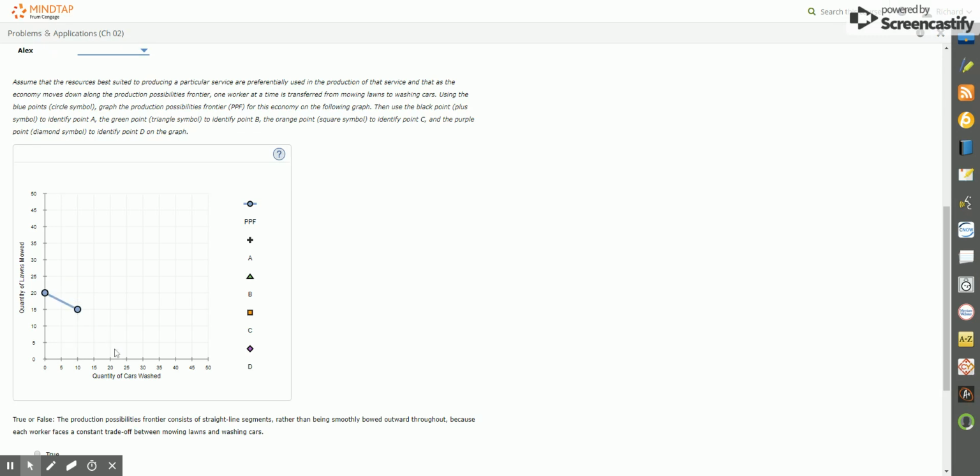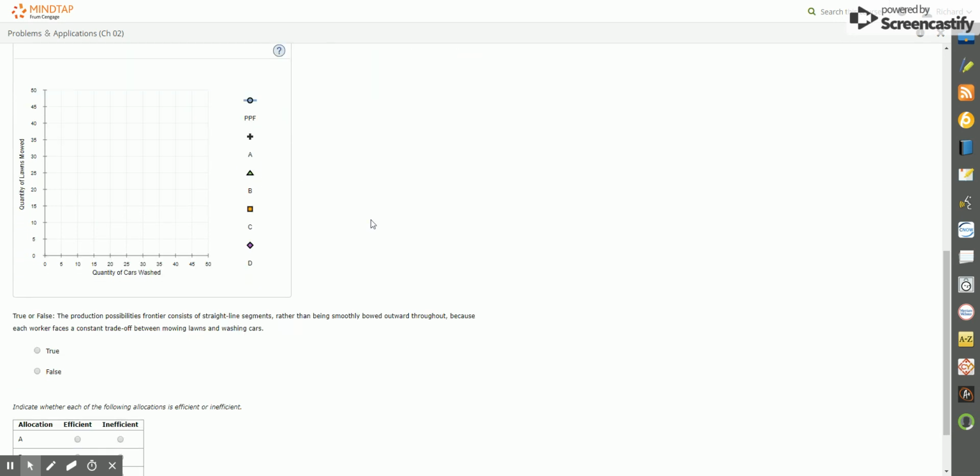And then the next point is going to be where there are 2 people washing cars and only 1 mowing lawns. And then there's going to be a 4th point in there where nobody is mowing lawns and everybody's washing cars. And so you'll have a production possibilities frontier out here is what you'll have. So I'm just going to get rid of those.